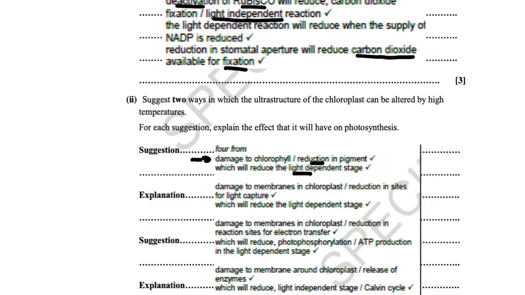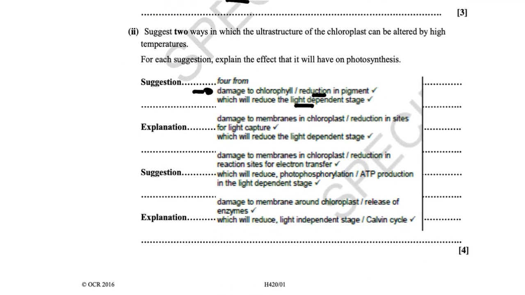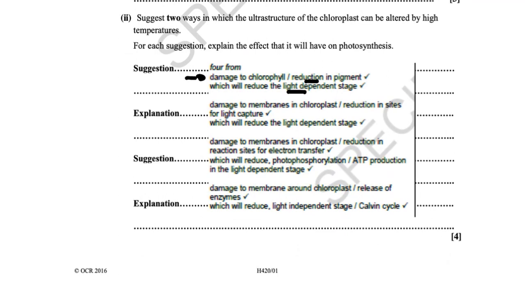And you could then go on to say that the membranes could be damaged, which will reduce the light dependent stage, that the damage to the membranes might affect the electron transport chain, that will reduce photophosphorylation, or cyclic or non-cyclic photophosphorylation, which will reduce the ATP production, and that the damage to the membranes around the outside of the chloroplast might lead to a release of the enzymes, which will reduce the light independent stage.